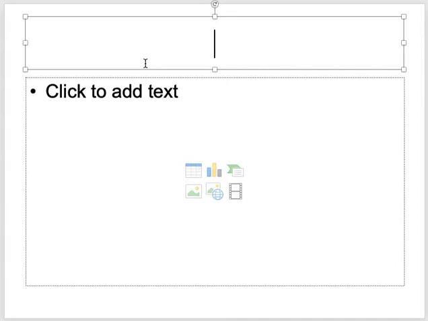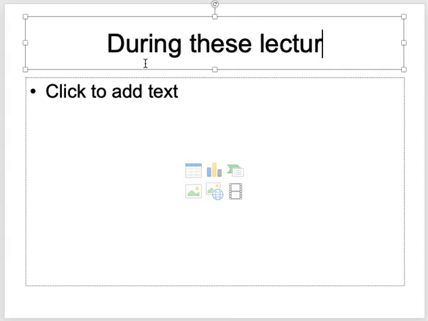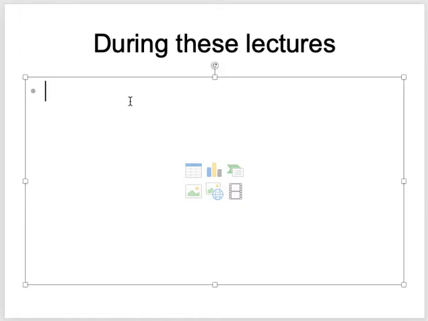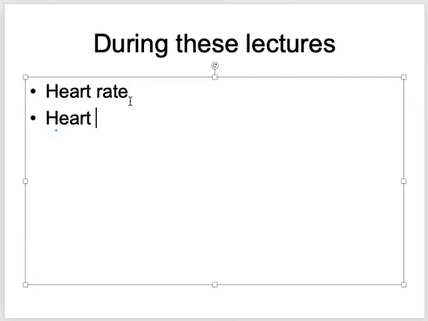See, during these lectures, number one, of course, I gave you a very brief introduction about ECG. Then I told you what the different waveforms are, and then how to calculate the heart rate, and then how to see the heart rhythm.